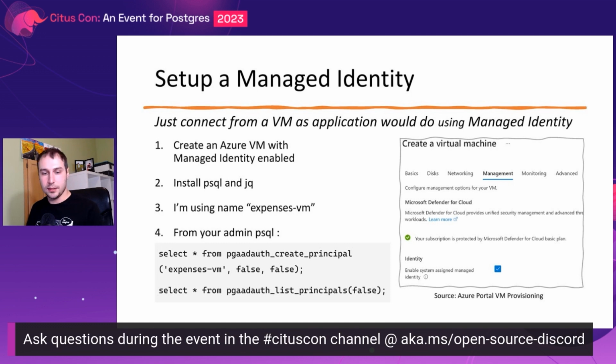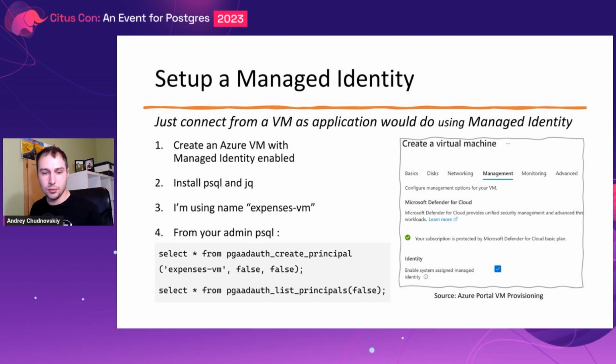For that, we start with provisioning a virtual machine. There is a little screenshot of how you do this via the portal. You need to check the identity checkbox. Once it's provisioned, install psql and jq to do the token manipulation and connect to Postgres. For this example, I assume that the virtual machine name is expenses-vm, and it's unique inside your Azure AD tenant.